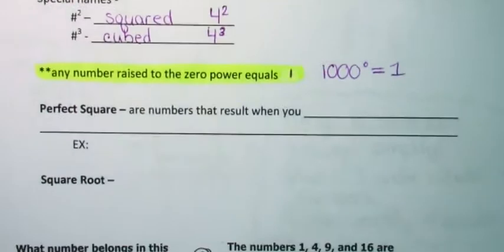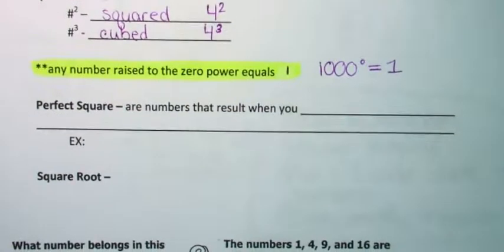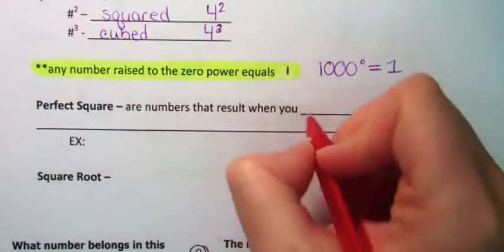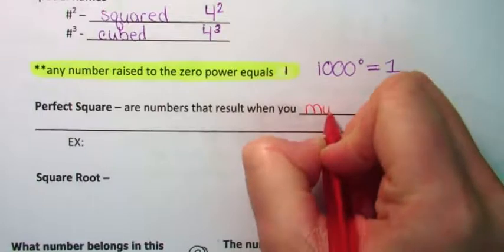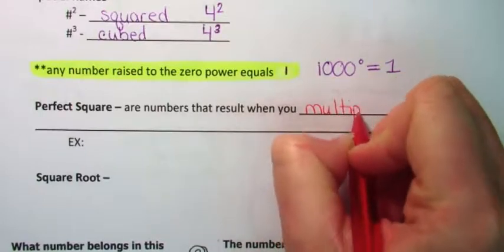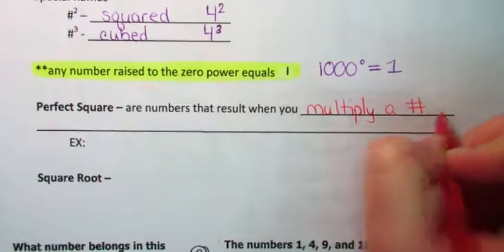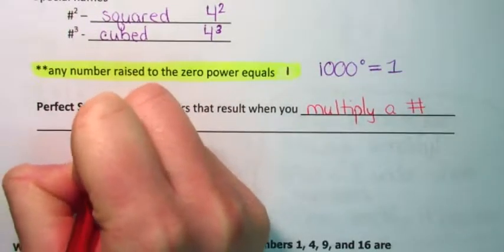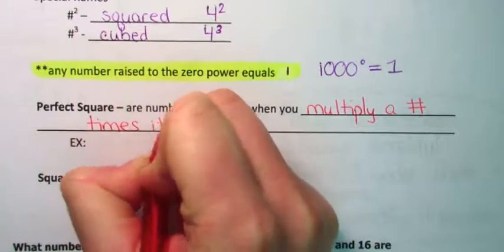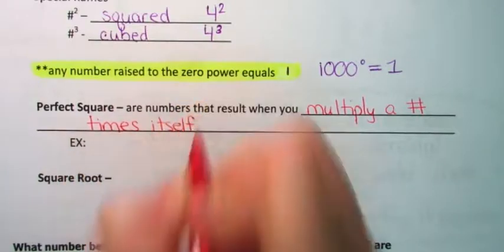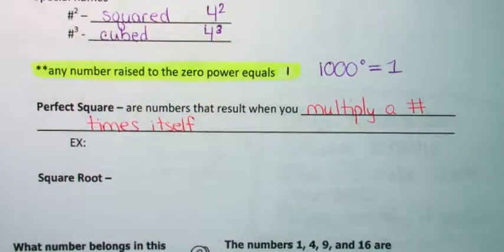Now the second part of 6.5 dealt with perfect squares. And I know we've talked about these a lot, but perfect squares are numbers that result when you multiply a number times itself. It's the answer that you get when you do something times itself.